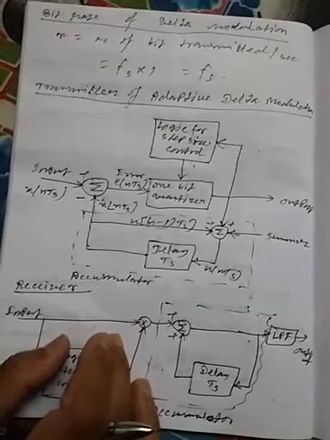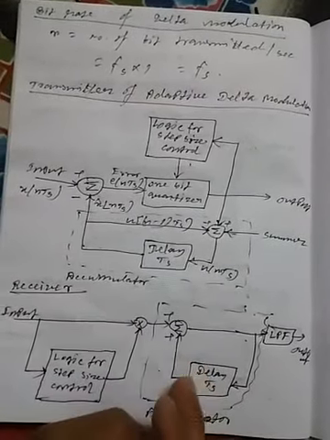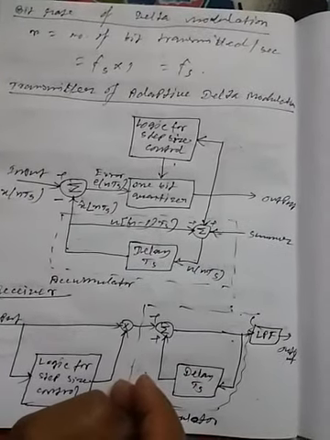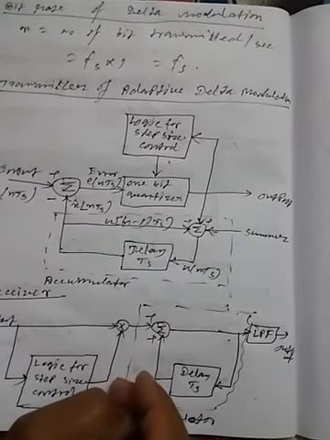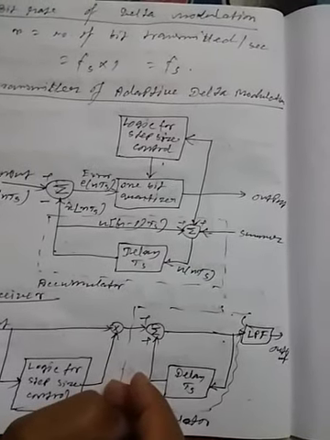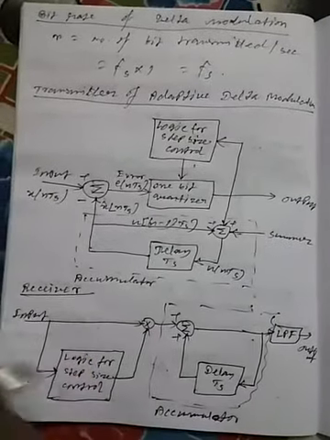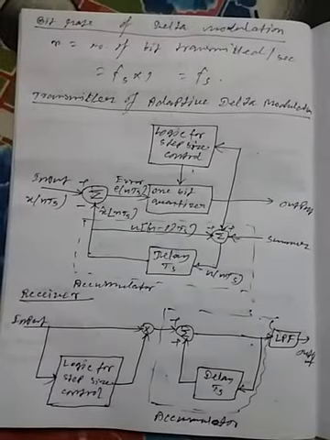It is then applied to an accumulator, which builds up the staircase waveform. The low pass filter then smoothens out the staircase waveform to reconstruct the original signal. So this is the receiver part and this is the transmitter part for adaptive delta modulation.